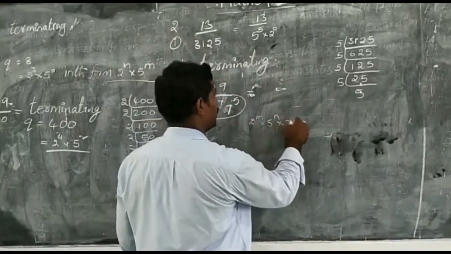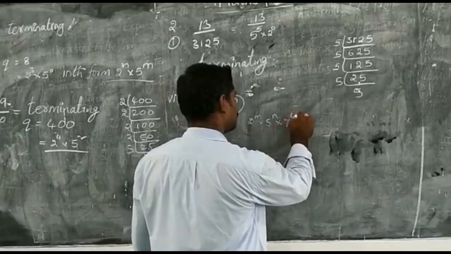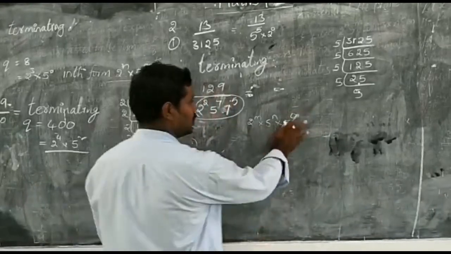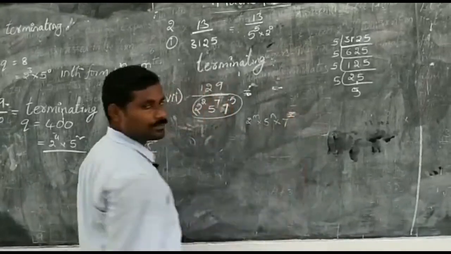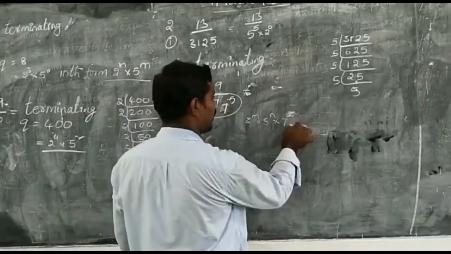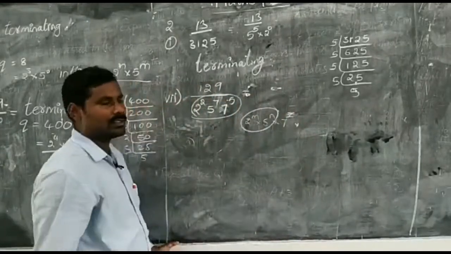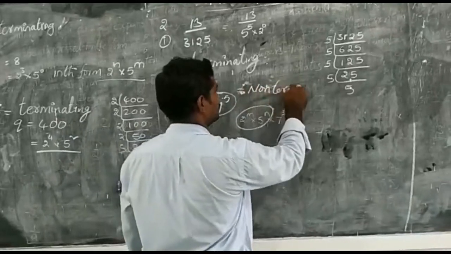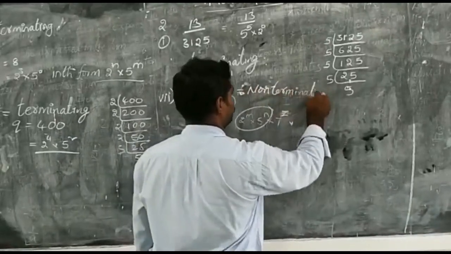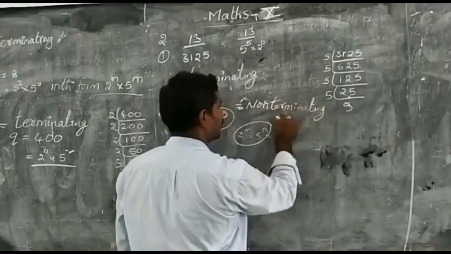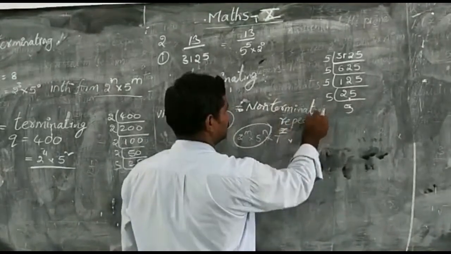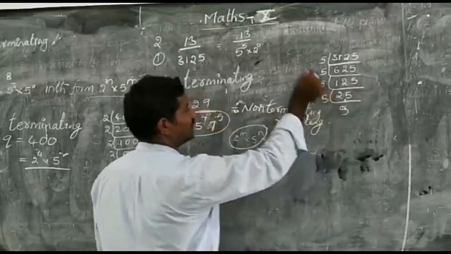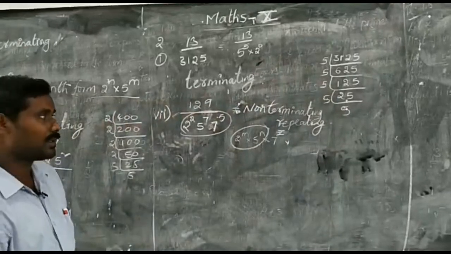There is also 7 power 5, not 0. That means it is not of the form 2 power m into 5 power n. Now it is non-terminating repeating decimal.